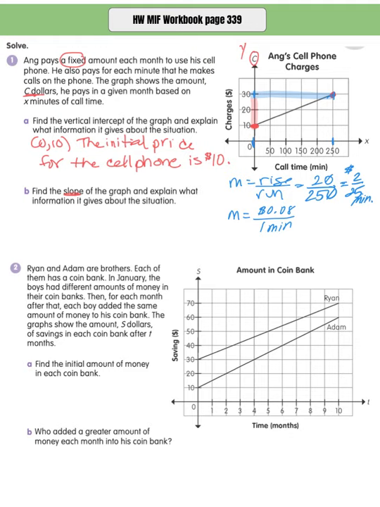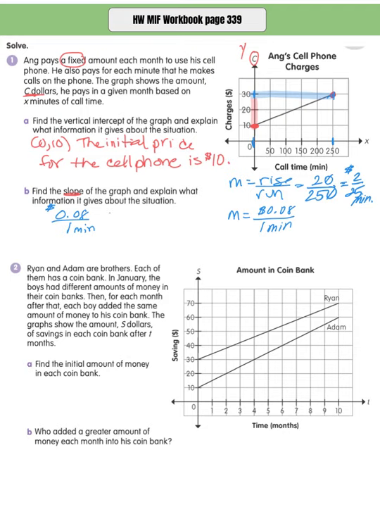Okay, so here the slope is going to be 0.08 over 1. What does that represent? $1, right? So 8 cents per minute. So here you want to say, given the situation, what does that mean?